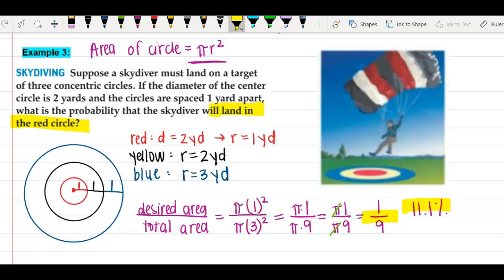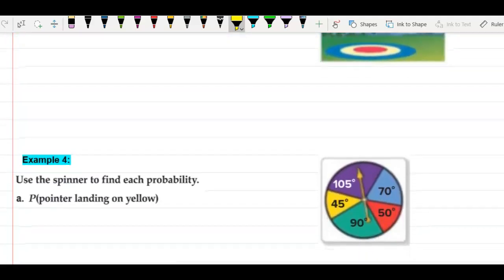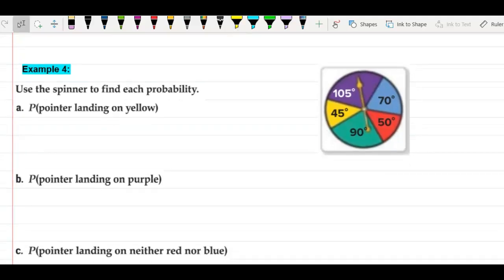Okay. So the last thing we're going to talk about is finding probability when talking about a circle. So this kind of ties back a little bit. We started talking about spinners in the last step, but then we also, in our last unit, talked about circles. So think about a circle: if we go all the way around a circle, just like if you spun around in a circle, you would go 360 degrees.